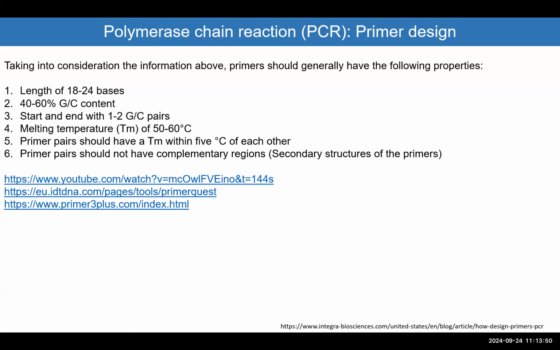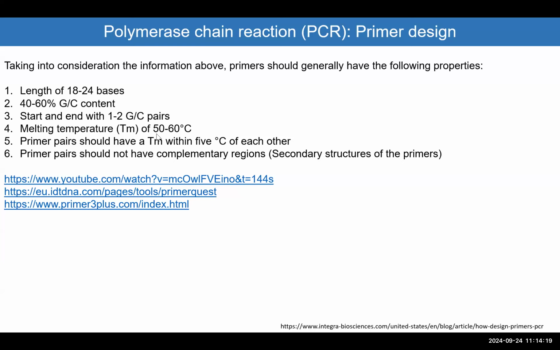So the closer to 18 to 20, the more specific it becomes to the DNA, and it will not bind somewhere else. The GC content matters because of the hydrogen bonds, and the annealing temperature depends on that. It's recommended to be 40 to 60%. The start and the end are better as G and C because there are 3 hydrogen bonds, compared to 2 hydrogen bonds with AT.